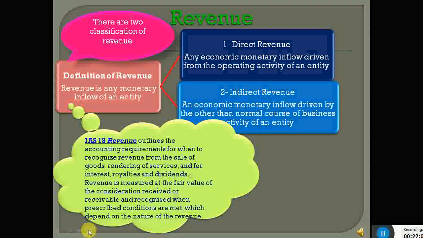IAS 18 outlines the accounting requirement for when to recognize revenue from the sale of goods, rendering of services, or for interest, royalties and dividends. These are the various sources from which we derive our revenue. Revenue is measured at the fair value of the consideration received or receivable and recognized when prescribed conditions are met.